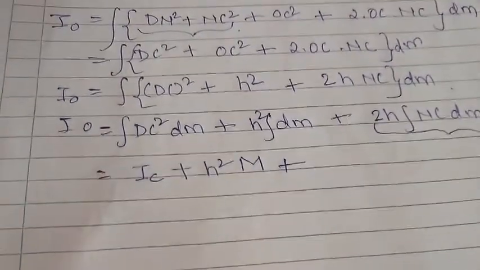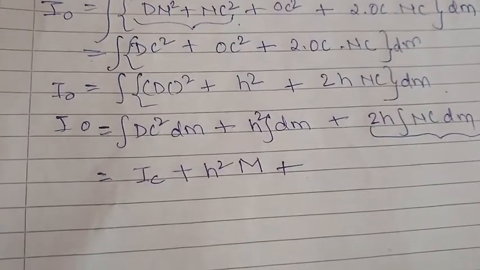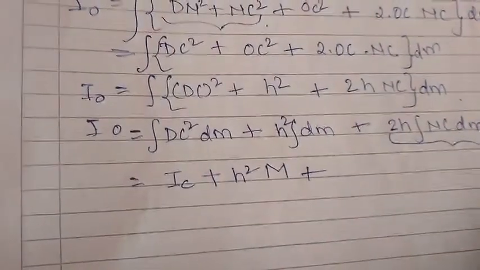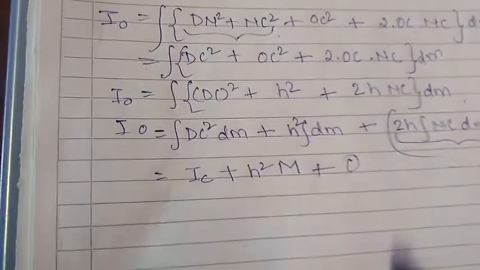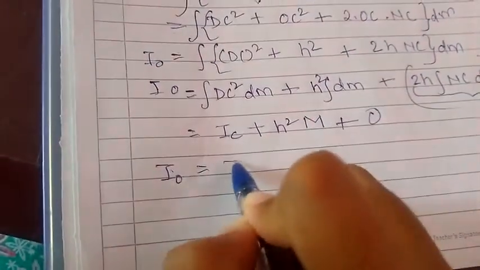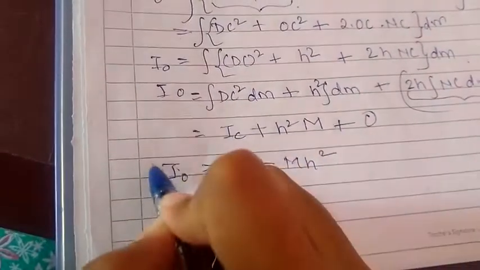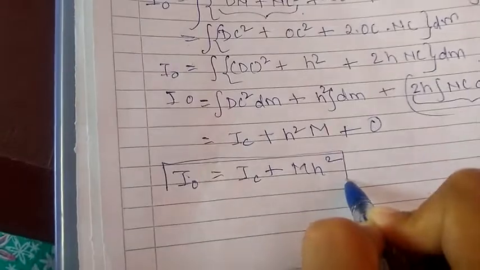Any mass distribution is symmetric around the center of mass, so in that case, this integral is equal to 0, only this term. So that integral goes out. The remaining terms you have is I naught is equal to IC plus MH square. So this is the final equation for the theorem of parallel axis.